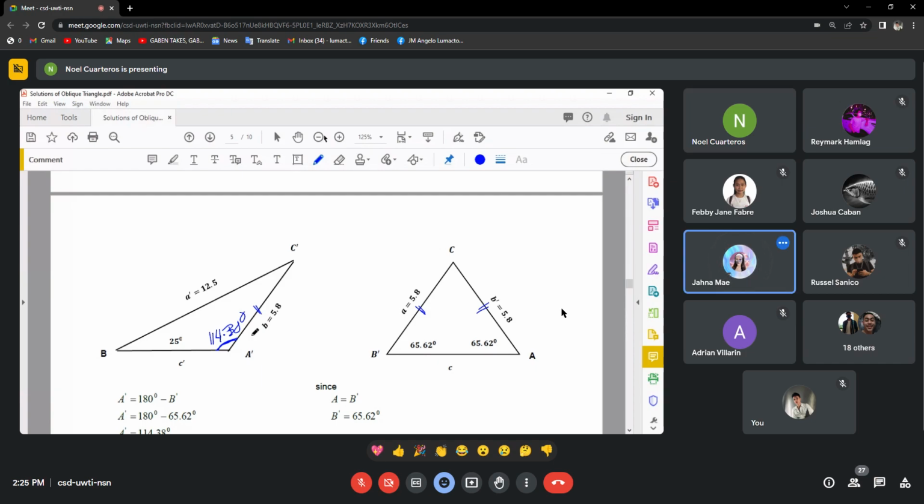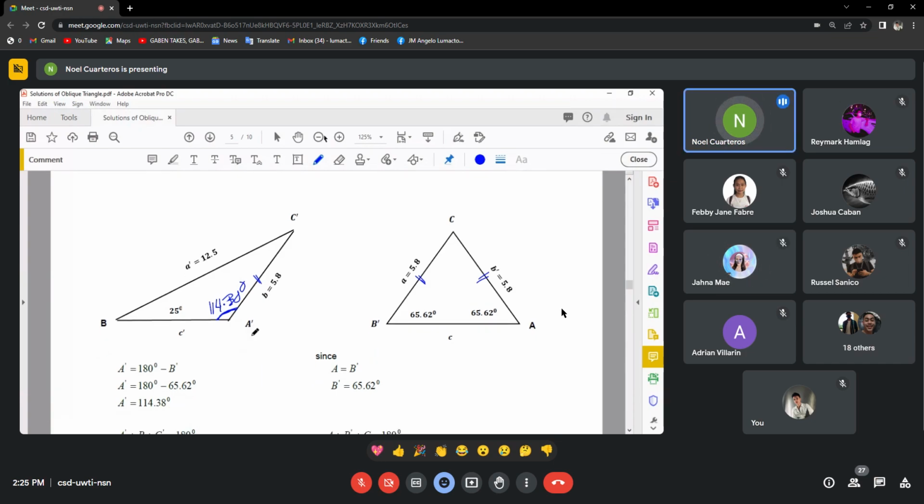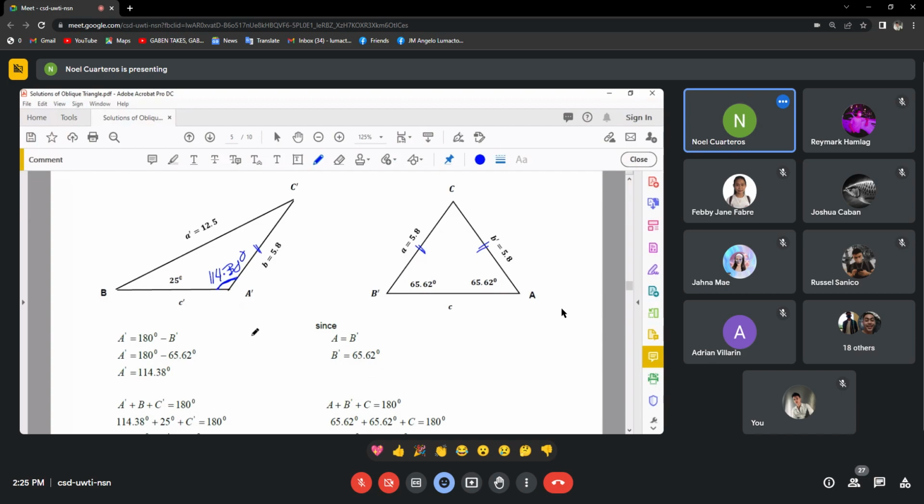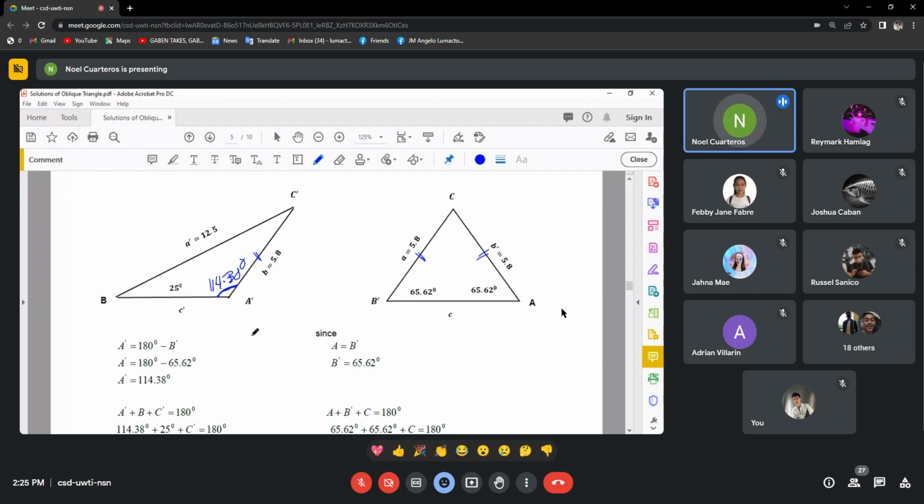Okay, before we start finding the sides of this triangle, let us first complete the given angles.